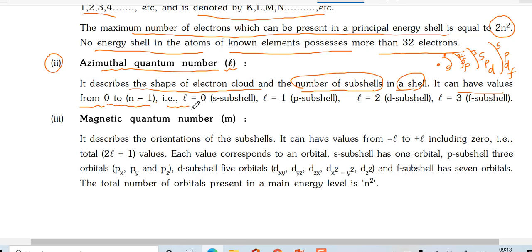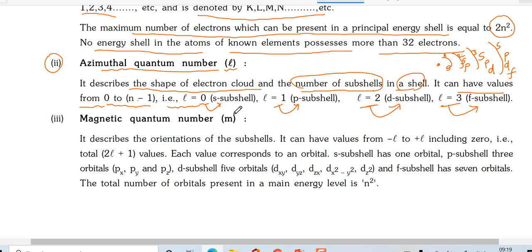That means l equal to 0. Now, what information is it? 0 does not mean nothing is there. It's not a mathematical value, it is just a symbol. l equal to 0 indicates the s subshell. l equal to 1 indicates the p subshell. l equal to 2 indicates the d subshell. l equal to 3, f subshell.